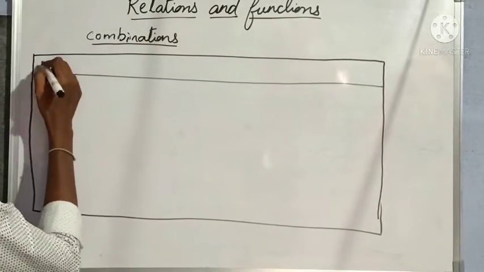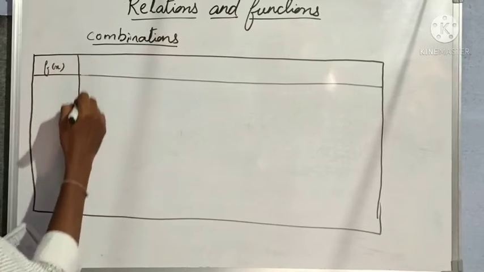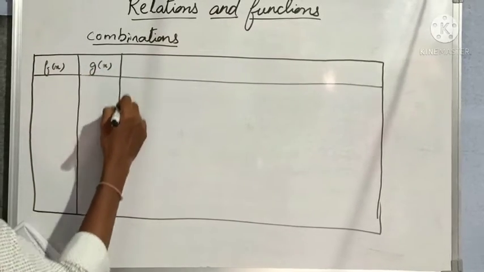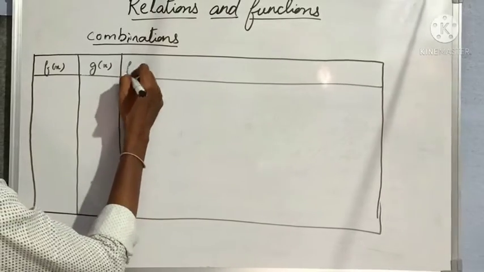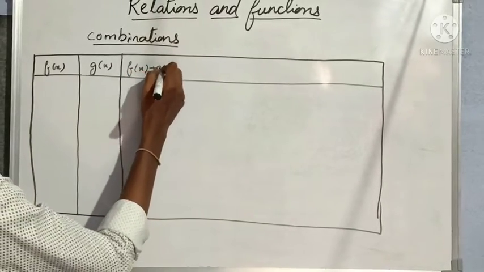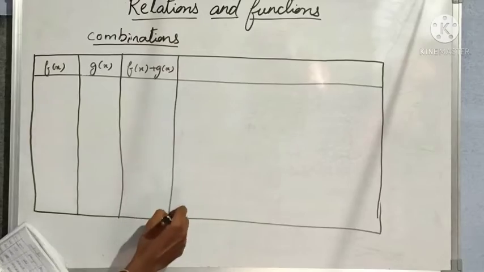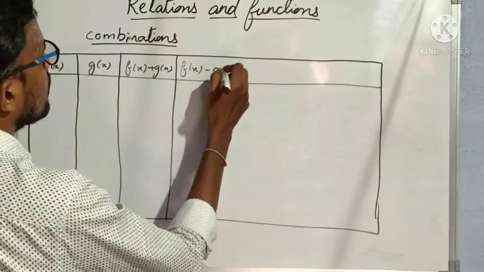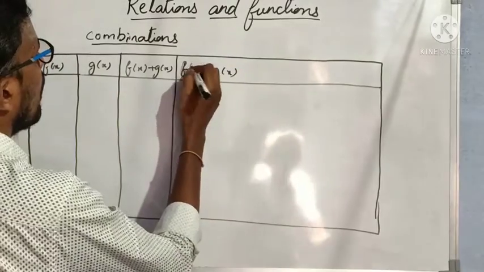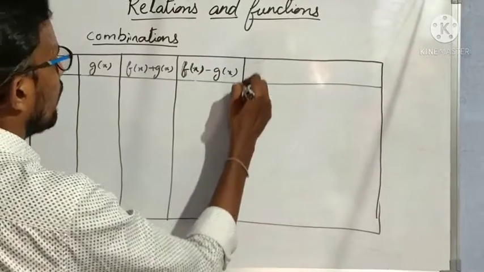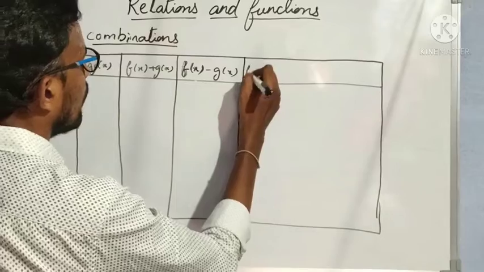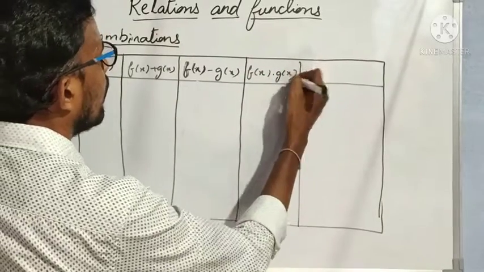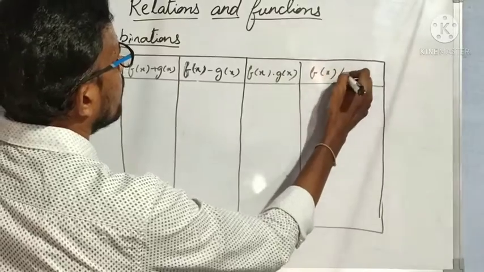So first function f of x, next function g of x, next f of x plus g of x, next column f of x minus g of x, next column f of x into g of x, last but not least f of x divided by g of x.